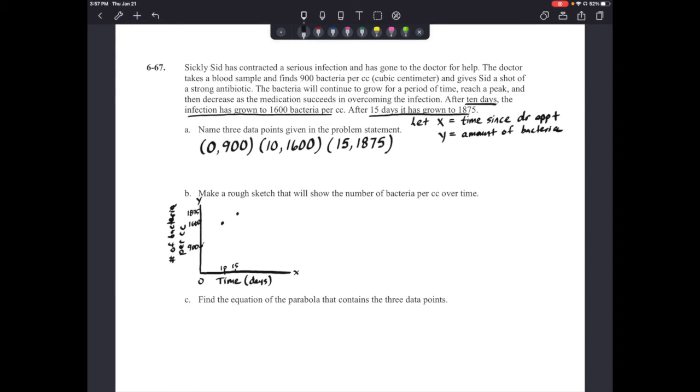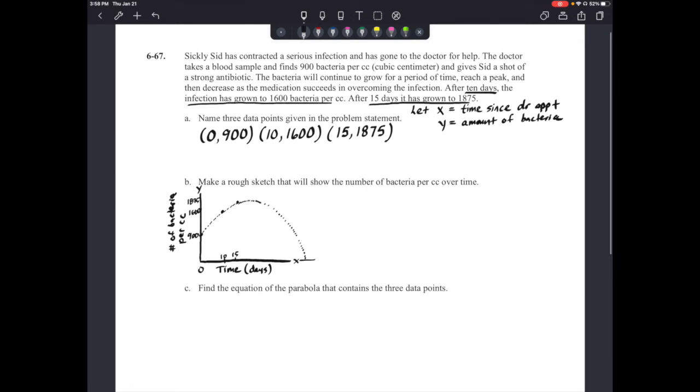So you can see the growth that's happening, and eventually what we want is for it to stop growing and then hopefully come back down, to where he's down to 0 and there's no more bacteria in his system. Well, let's see how long that takes. Hopefully you understand the scenario that's happening.